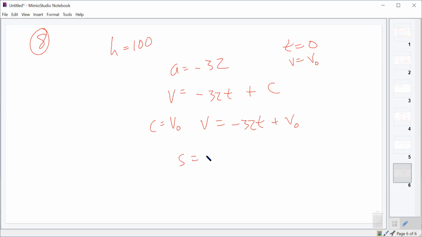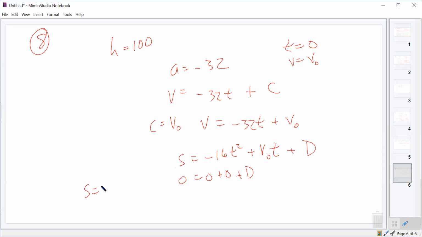S should be negative 16t squared plus v naught times t plus some other constant. Right? And well, we're just throwing this thing straight up from the ground, right? So what's the initial position of it going to be? 0. So we have 0 equals 0 plus d. So we can get rid of that d.